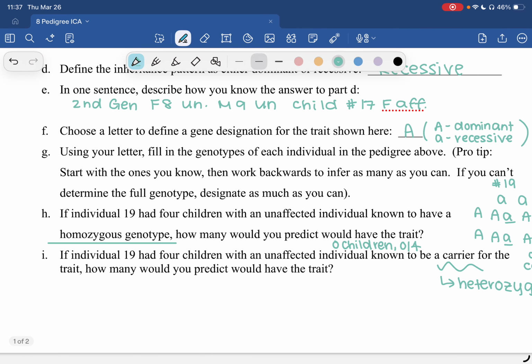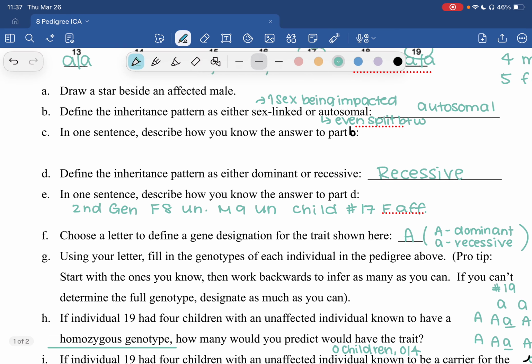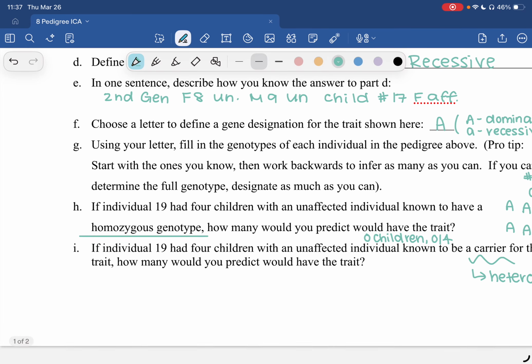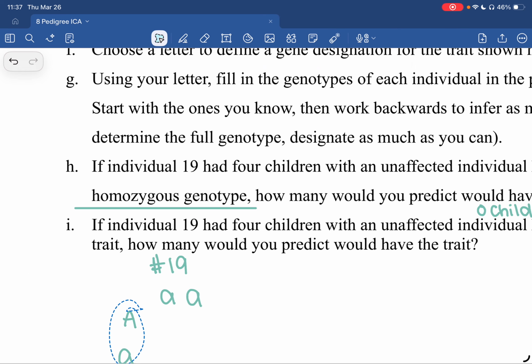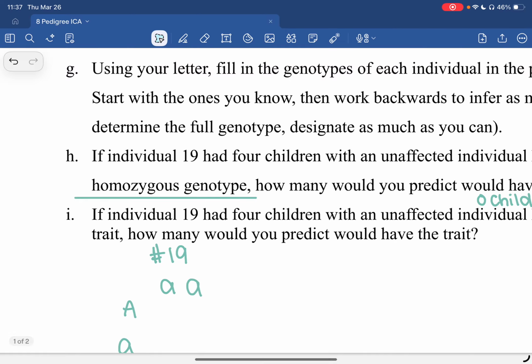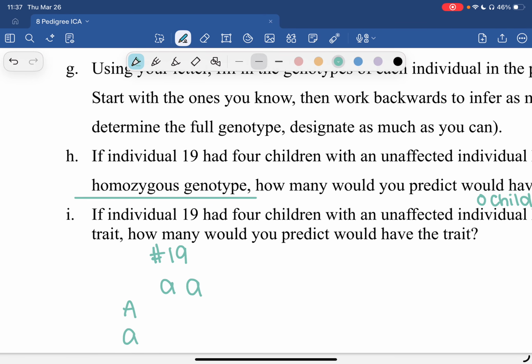But in this one, known to be a carrier, so again, going back to number 19, who is homozygous recessive, little a, and they are pairing up with someone who is a carrier, so big A, little a, and then you would do the cross for that.